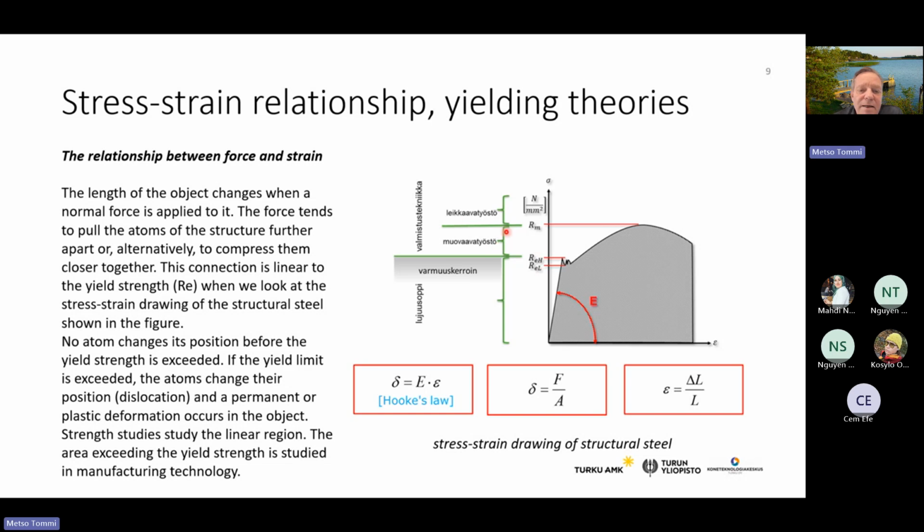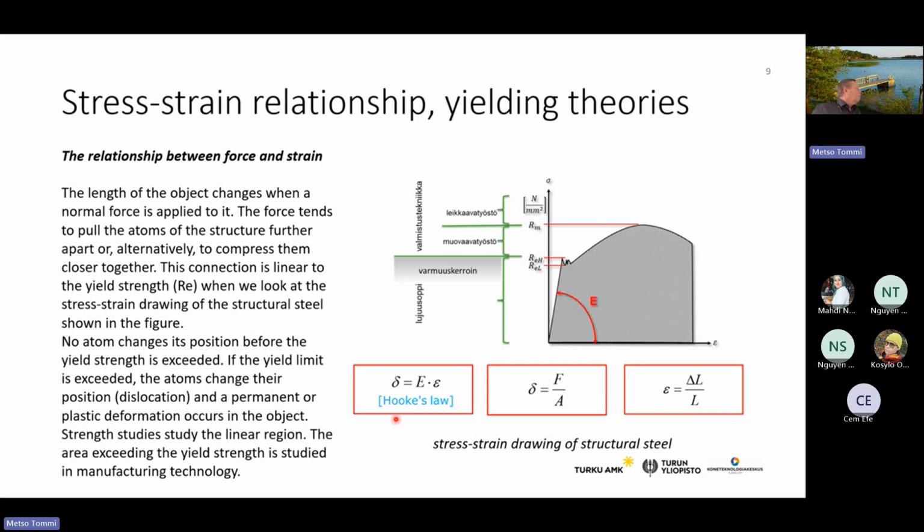And over the maximum strain line, there is this cutting technology. And here is deforming technology under it.